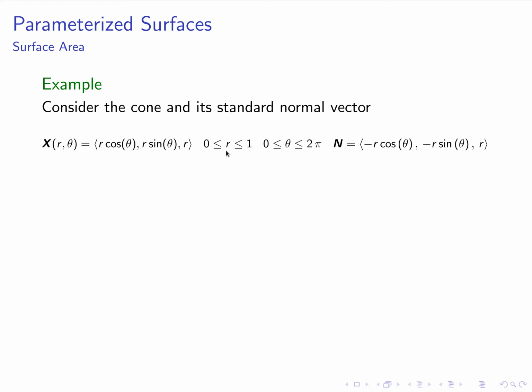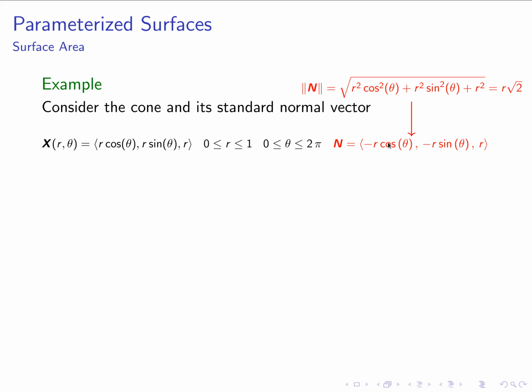And here we're choosing r to range from 0 to 1, and theta to range from 0 to 2 pi. Remember, we previously calculated the standard normal vector, and we found that the coordinates were negative r cosine theta, negative r sine theta, and then little r. Now, since little r is ranging between 0 and 1 here, what this means is that we're just looking at the top part of our cone, and we're terminating it where z is equal to 1.